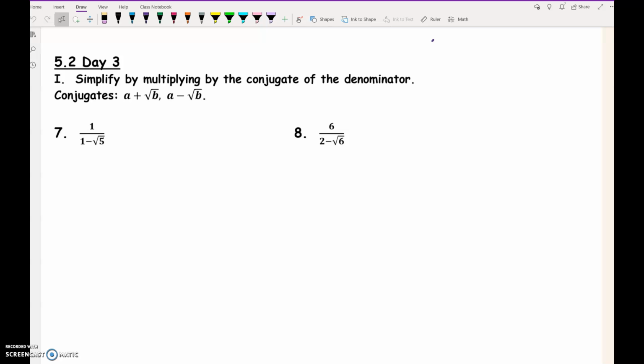So if we had 3 plus the square root of 2, the conjugate would be 3 minus the square root of 2. But if we started with something like 1 minus the square root of 5, what would the conjugate be in this case? So we need to multiply the top and the bottom by 1 plus the square root of 5.